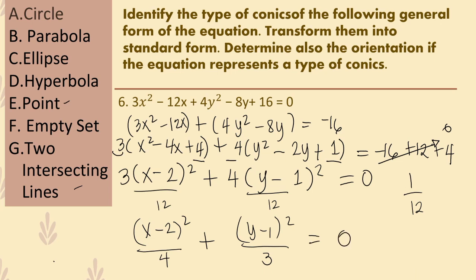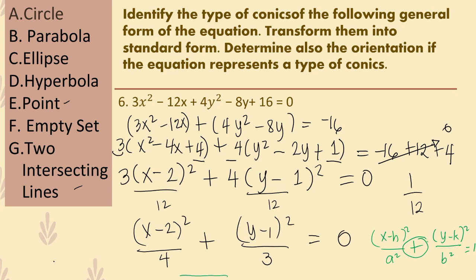Kung maalala nyo, yung standard form na x minus h squared over a squared plus y minus k squared over b squared is equal to 1. So, ito ay ellipse, di ba? Dahil itong sign ay positive. So, ito ay parang ellipse.